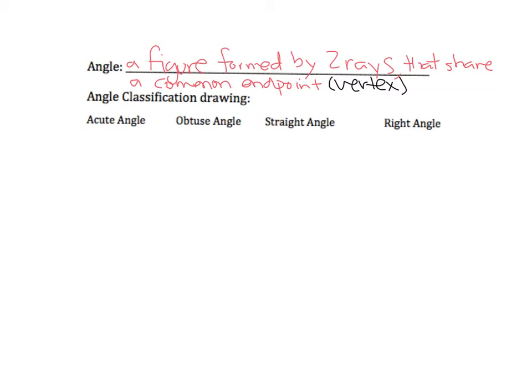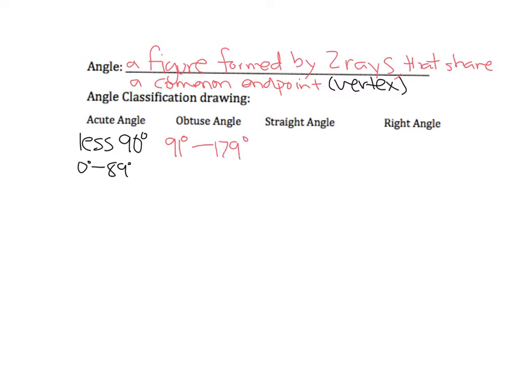Acute angles are angles that measure less than 90 degrees, so basically from 0 degrees to 89 degrees. Your obtuse angles are more than 90 degrees, so that means 91 degrees, and they go all the way up to being less than 180.